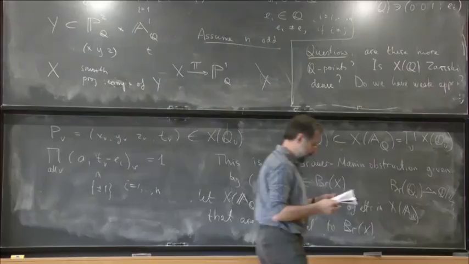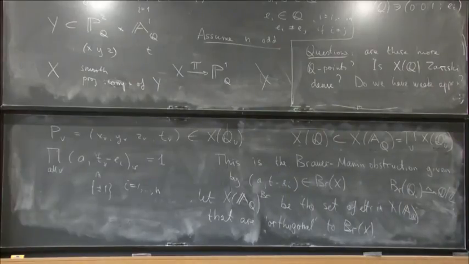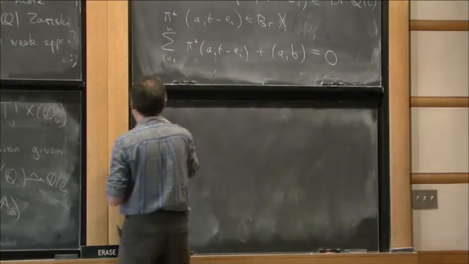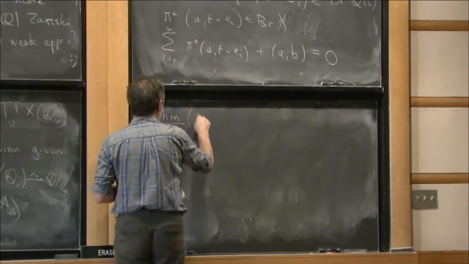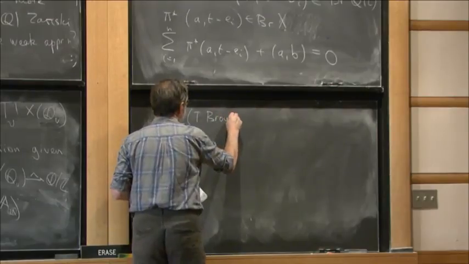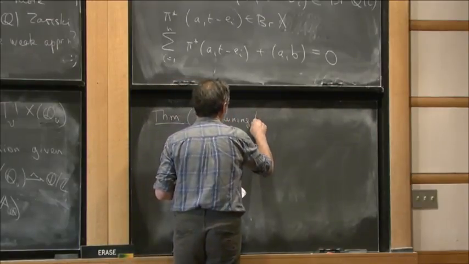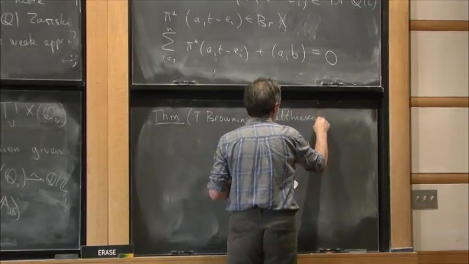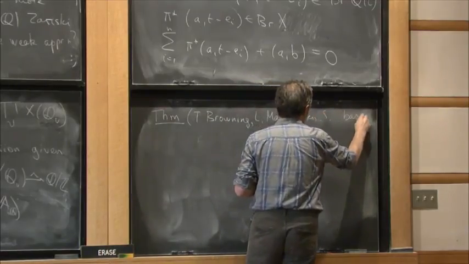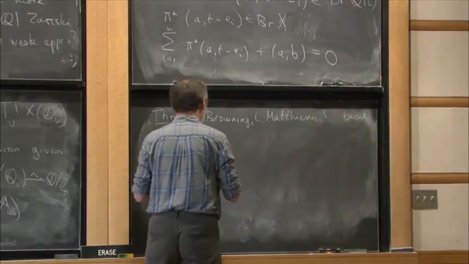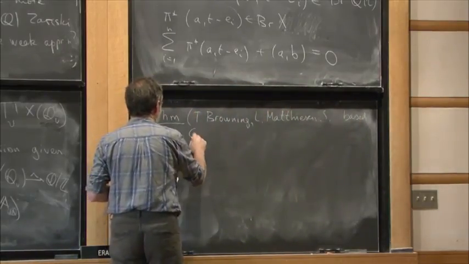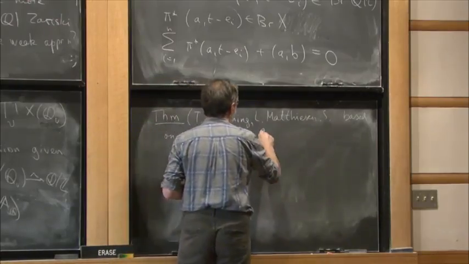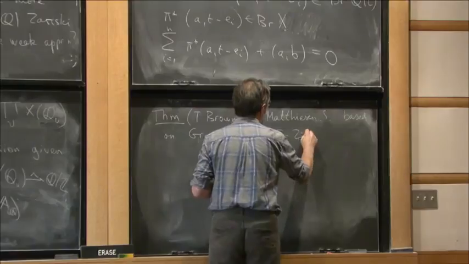Okay. Now that's the simplest explicit description of the Brauer-Manin obstruction, and the result is the following theorem, proved by Tim Browning, Lillian Matthiesen, and myself, for which the crucial ingredient is the work of Green-Tao and Ziegler.